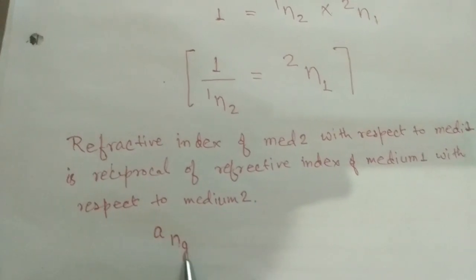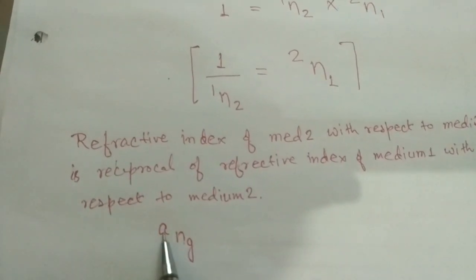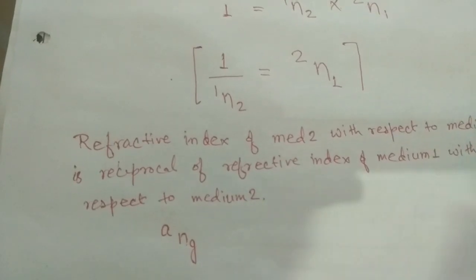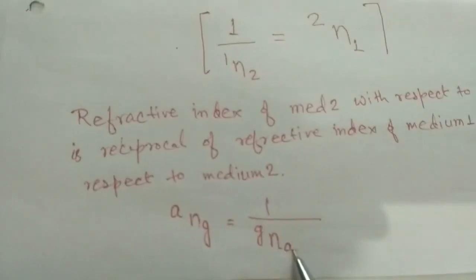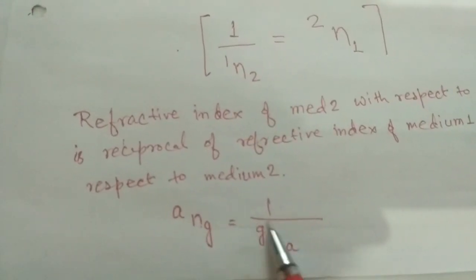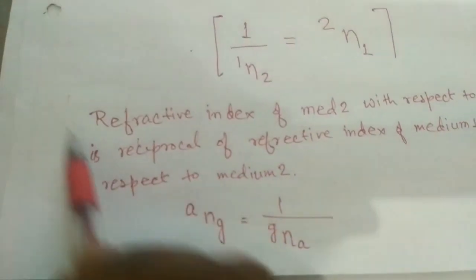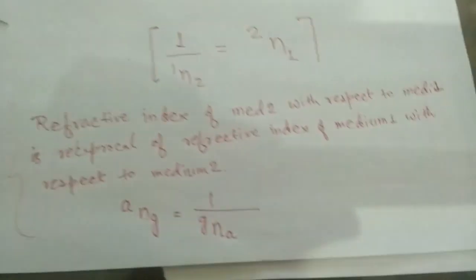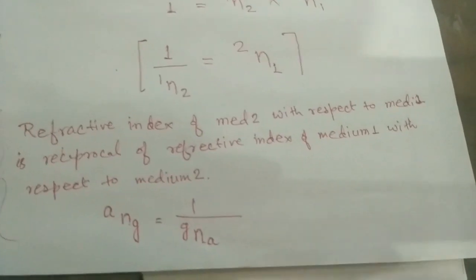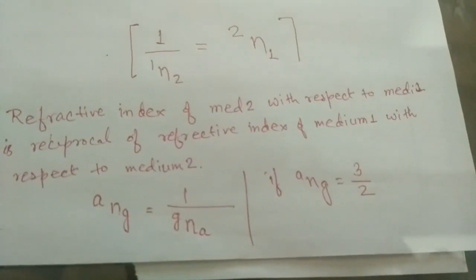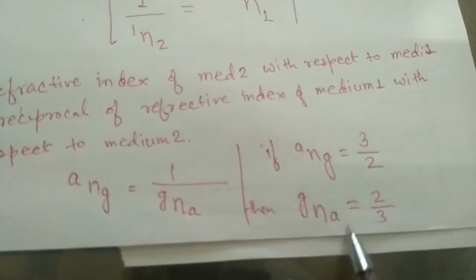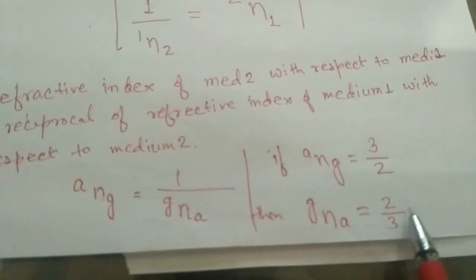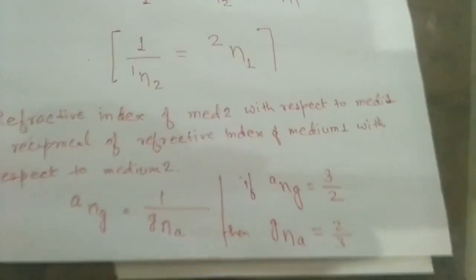So A and G means the refractive index of glass with respect to air will be equal to 1 over G and A, which means the refractive index of air with respect to glass. This is exactly the principle of reversibility. Or numerically, if A and G is equal to 3 by 2, then G and A, the refractive index of air with respect to glass, will be 2 by 3. See, the reciprocal of that. This completes the principle of reversibility.